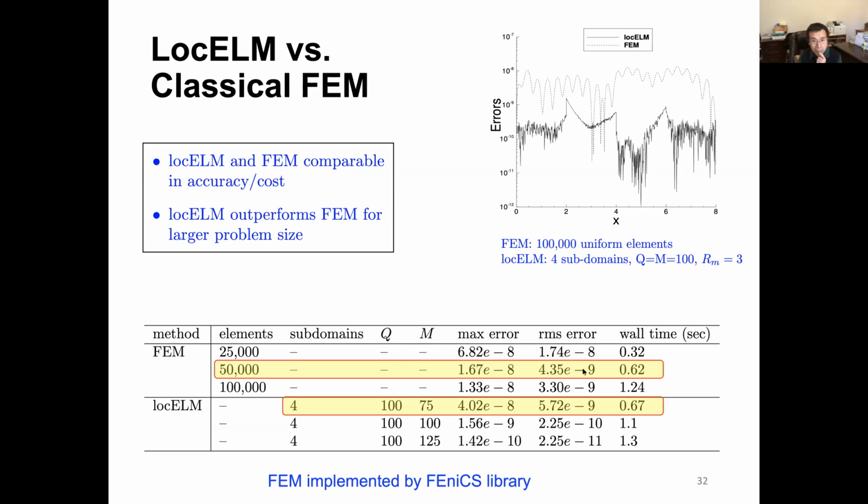Then max error, RMS error, and for the FEM, the computation time. For the local ELM, that's the training time. If you compare the highlighted case, they are similar in terms of time and accuracy. But when we increase that, the local ELM is better than the FEM.